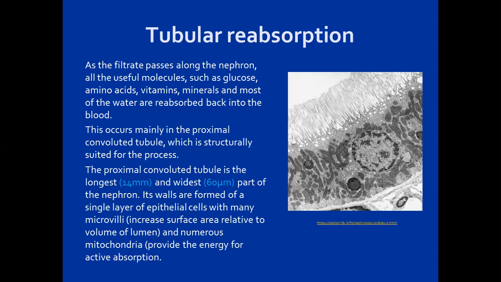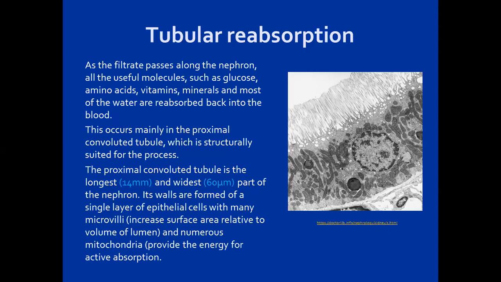So the proximal convoluted tubule is the longest and widest part of the nephron. In terms of length, and remember, stuff that is in blue, you don't have to learn, it is 14 millimeters long and 60 micrometers in diameter.